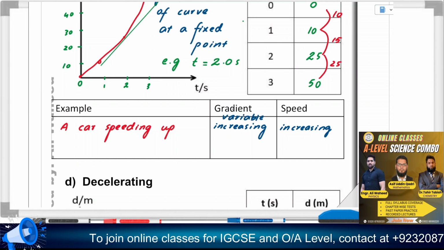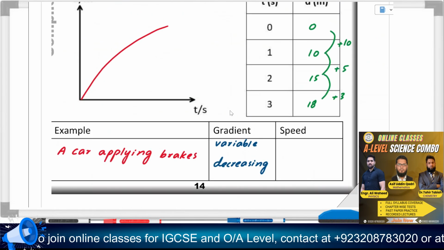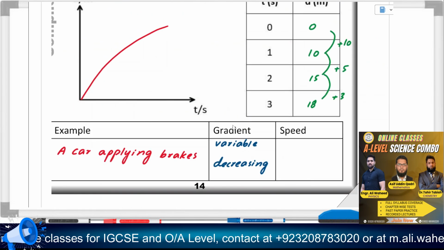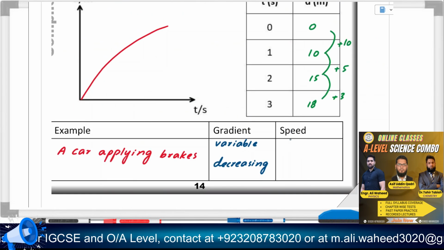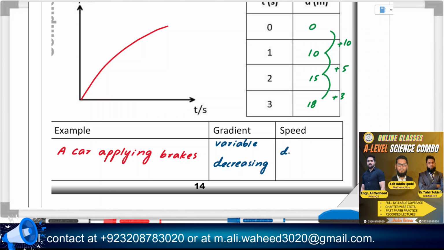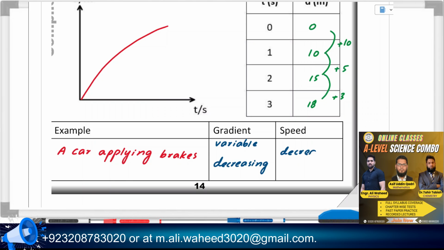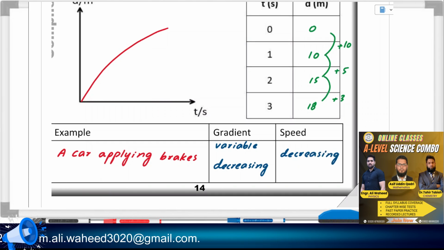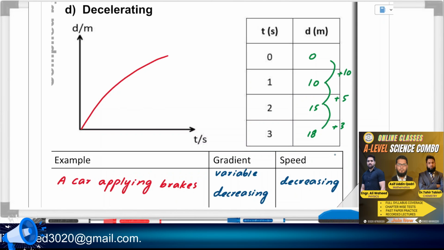And in this case, the gradient once again is variable, but it is decreasing. So if the gradient is decreasing, the speed would also be decreasing. And if the object is traveling in a straight line, we can say the velocity is also decreasing.